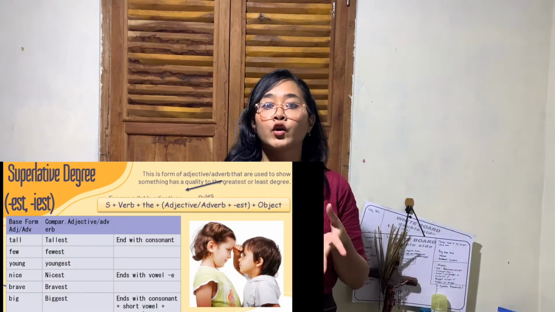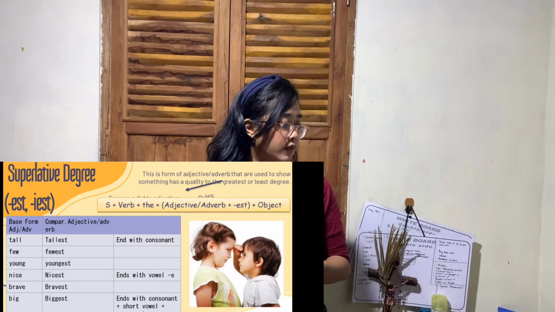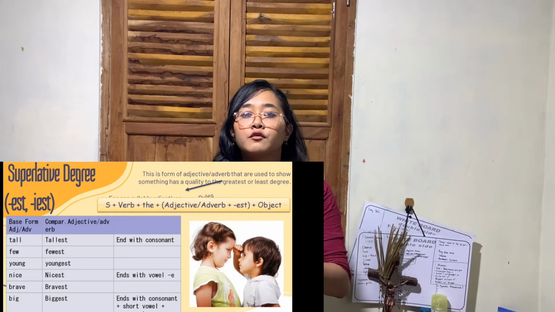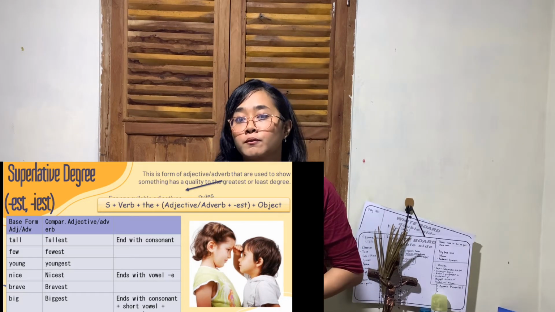Okay, class, after you watch the video, you must know about some adjectives that exist in the superlative degree form, right? Let's take a look at the superlative degree meaning. From the video, we can conclude that the superlative degree is a form of adjective or adverb used to show something that has a quality up to the greatest or least degree, like I've told you about supremacy.